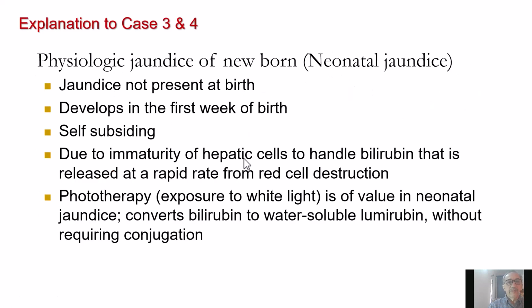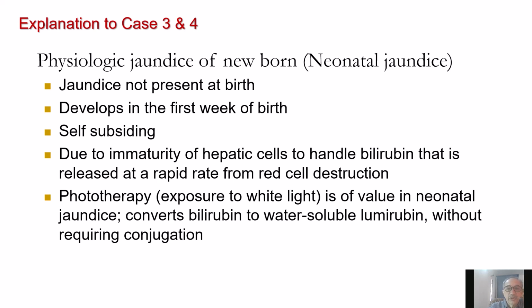Physiological jaundice of the newborn, or neonatal jaundice, is not present at birth, develops in the first week, then subsides. What is the cause of this jaundice? It is due to the immaturity of the hepatic cells to conjugate and excrete bilirubin, associated with a rapid rate of red cell destruction. The fetal red cell count is quite high compared to the postnatal RBC count.